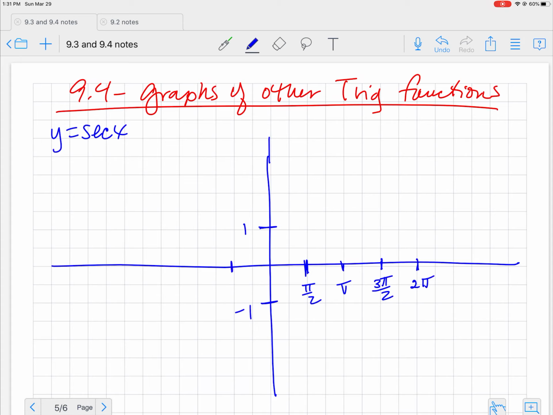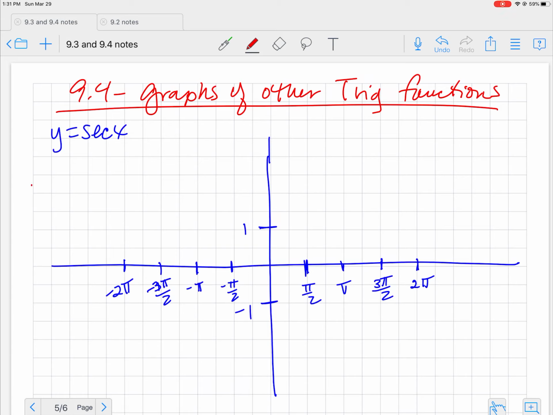I'm going to make this a 1, this a -1, pi over 2, pi, 3 pi over 2, and 2 pi. The same kind of thing that we did before with our sine and cosine. Okay, so, but here's the deal.